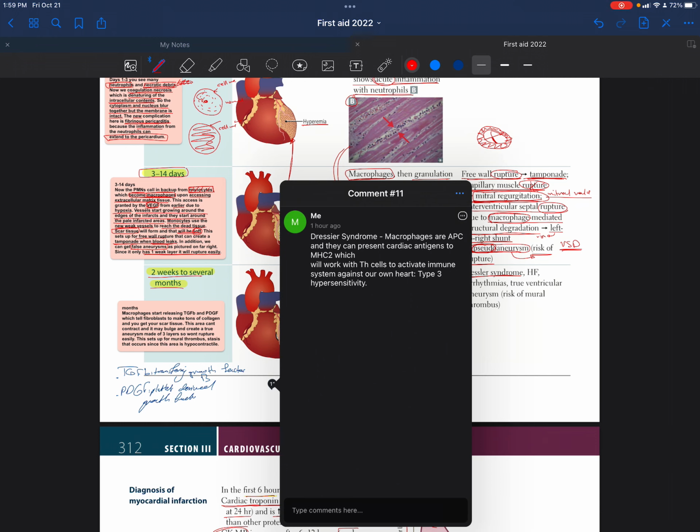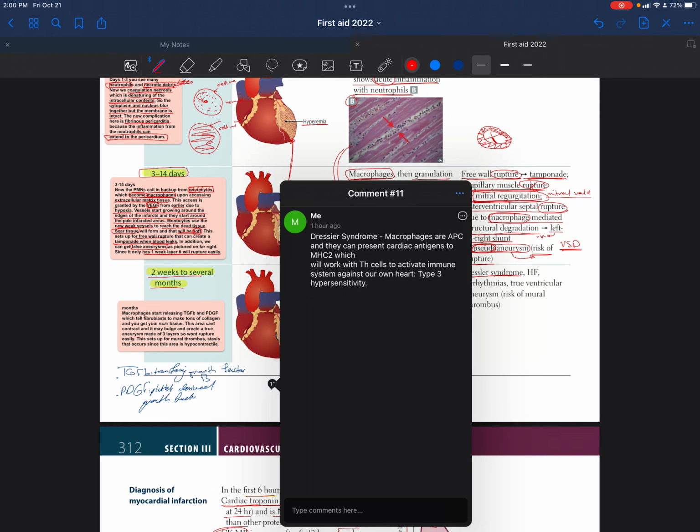Okay, so the macrophages are considered antigen presenting cells, and they can present this cardiac antigen. They take some pieces from the heart itself and cardiac muscles, and they present them to the major histocompatibility complex, which, whenever it sees those cardiac antigens, will work with the T helper cells to activate the whole immune system.